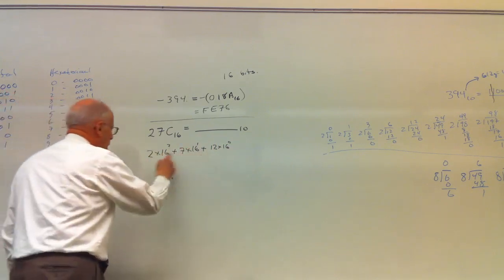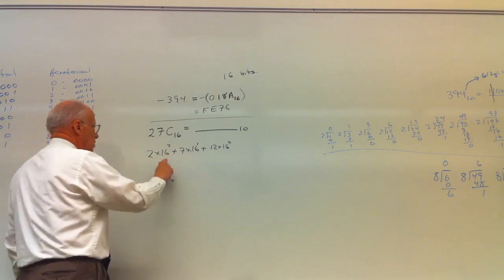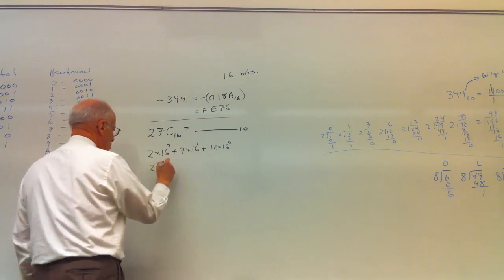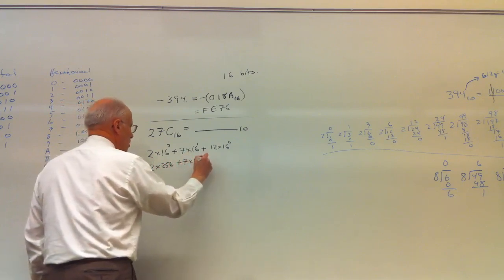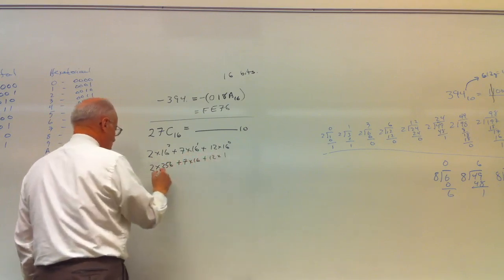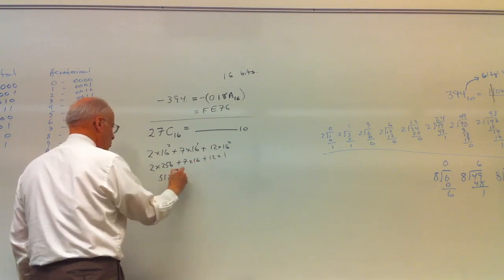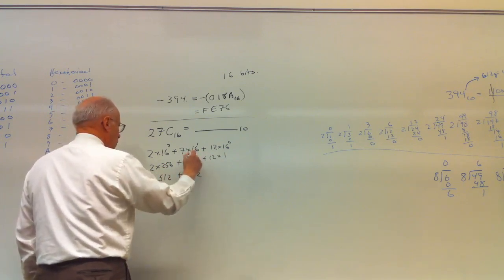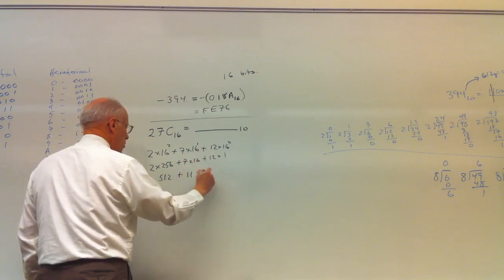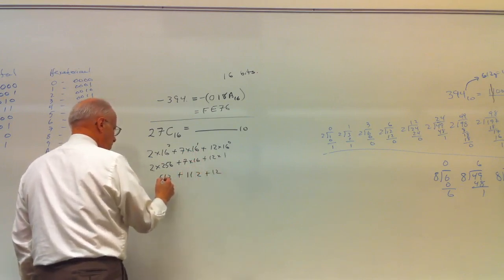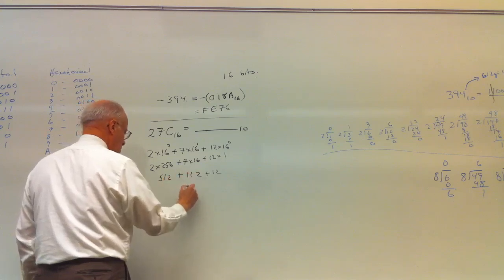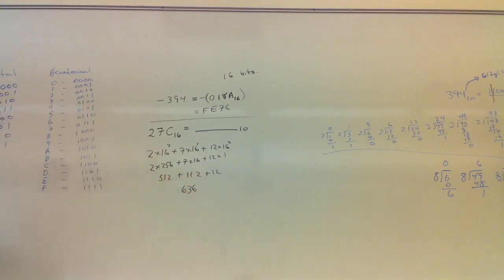And so now you find the 16 squared, 2 times 256, and 7 times 16, and 12 times 1, and so we have here 512, 112, and 12, 636. All right.